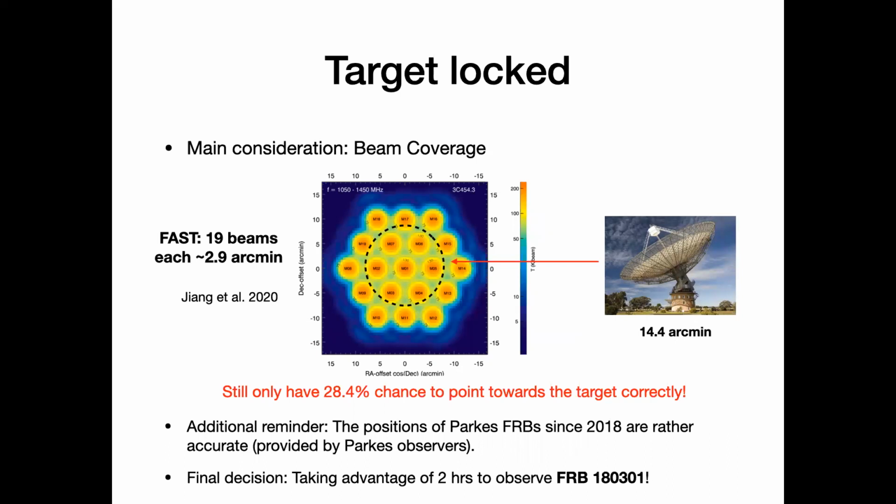Even though the 19 beams can cover a very wide range in the sky, there's a gap between each beam. That's why for this work, we say we are extremely lucky to detect the burst, even though we suspect it should be a repeater because it has very bandlimited features and the R value is pretty high.